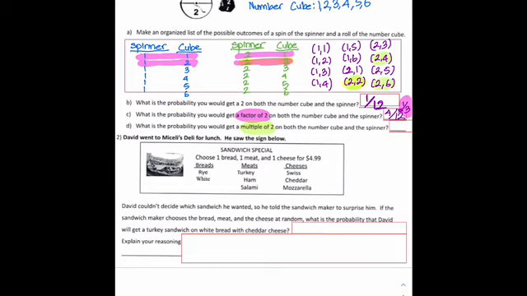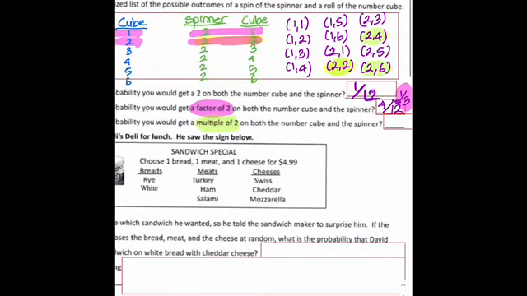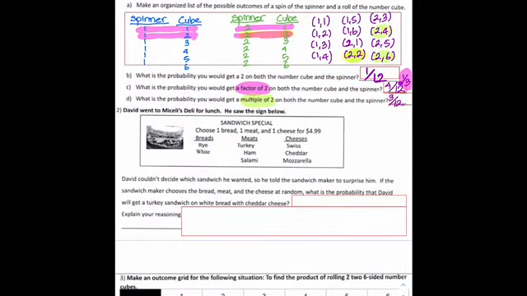And 2 is already a multiple of itself, which is 2 times 1. So I see 3 outcomes out of 12 outcomes here. I'm going to write our final answer in the box, which is 3 out of 12. Let's write 3 out of 12 in simplified form, which is 1 out of 4. Our final answer would be 1 out of 4 for this question.